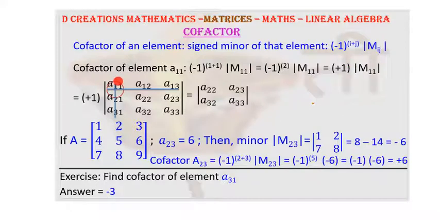In fact, it's interesting. If you look at the signs assigned to the cofactor of each element, you will see that here 1 plus 1, obviously it will be plus, here it will be minus. 1 plus 3 is again even, so this will be plus again. Minus, plus, minus, plus, minus, plus. So it's alternatively organized. It's like a chessboard, in the way in a chessboard you have black and white squares alternatively organized.